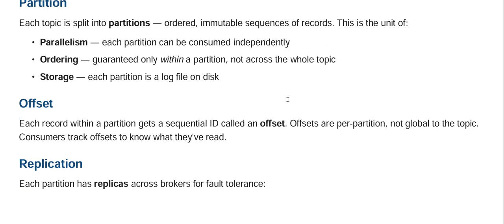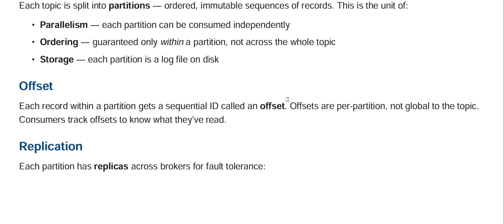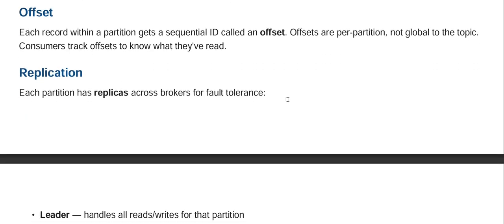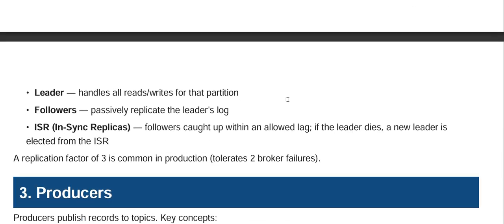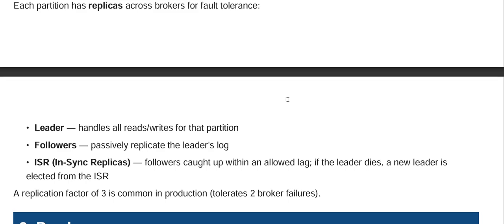And let's talk about replicas across the brokers for fault tolerance. As you know from system architecture, replication of servers is a very popular concept. Basically we have a server, so we create a replication. The same concept is used here. The leader handles the writes for that particular partition.